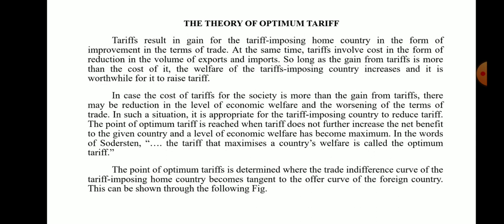The point of optimum tariff is reached when tariff does not further increase net benefit to the given country and a level of economic welfare has become maximum. In the words of Södersten, a famous economist, tariff that maximizes a country's welfare is called as the optimum tariff.